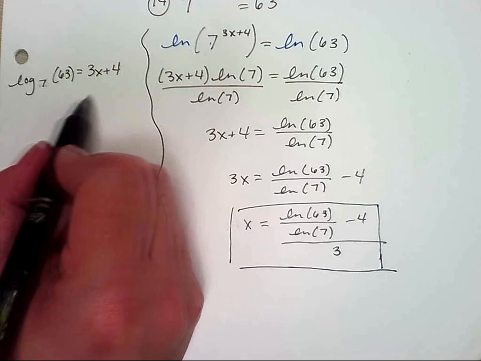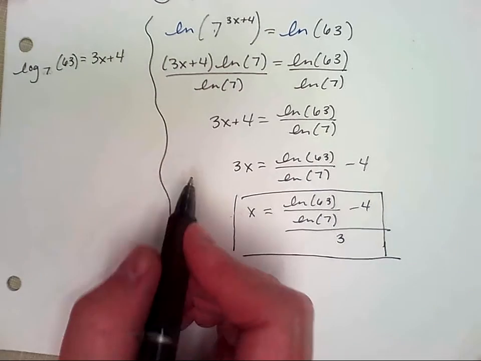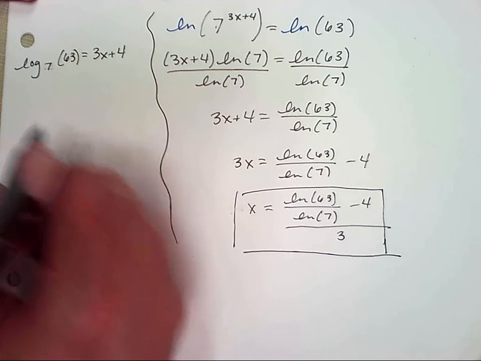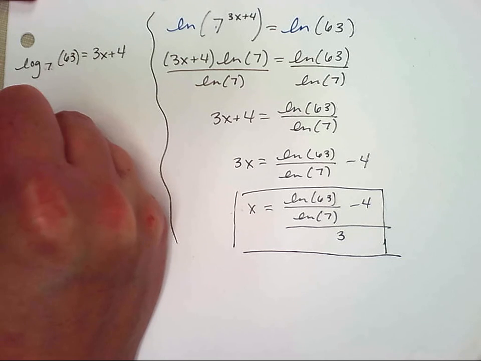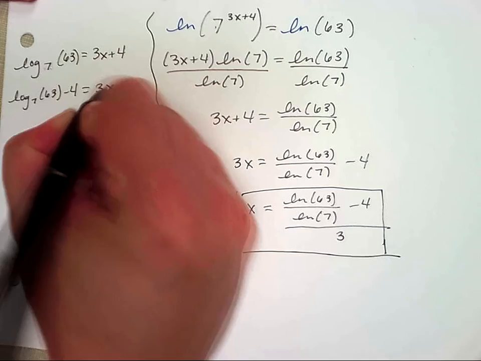Okay, so then you want to solve this one. How do we solve this one? I'm still solving for x, so I get everything away from the x. So I have log base 7 of 63 minus 4 equals 3x.